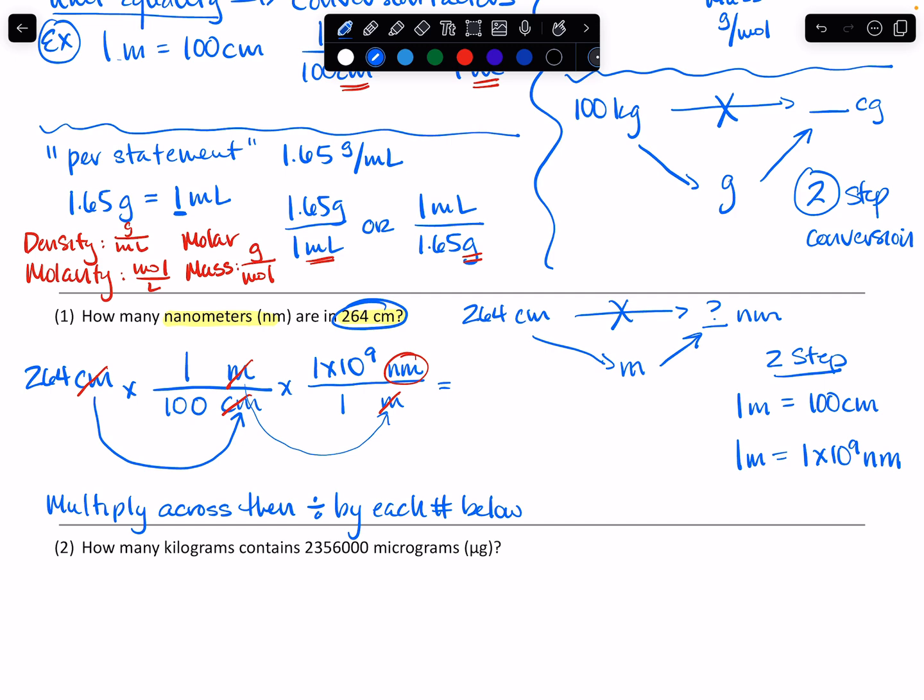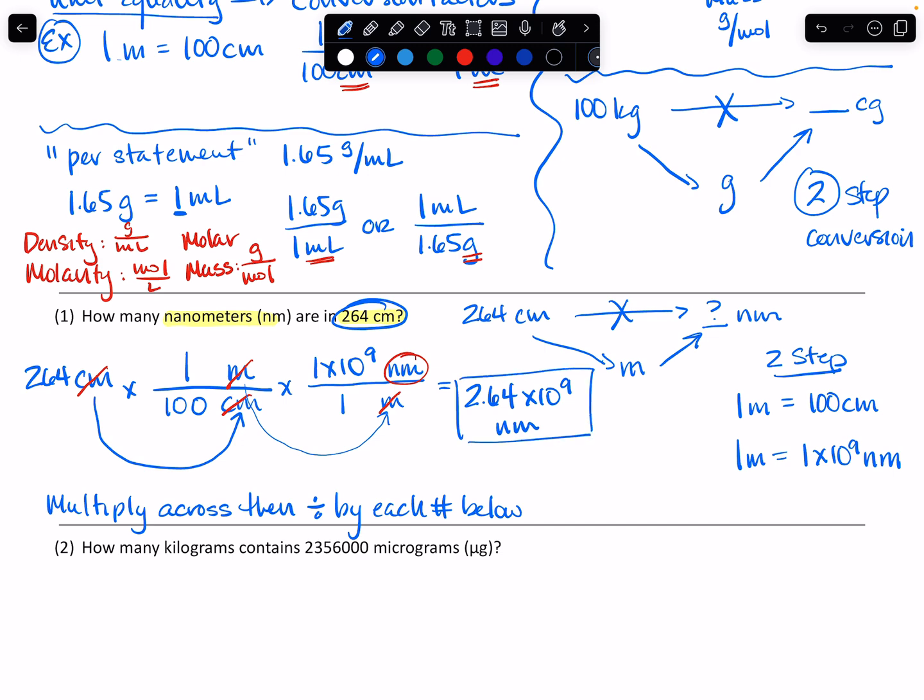But make sure you use the parentheses correctly so you don't mess up your order of operations. So if I do that, 264 times 1 times 10 to the ninth, and then divide that by 100 and divide it by 1, I end up with 2.64 times 10 to the ninth nanometers.